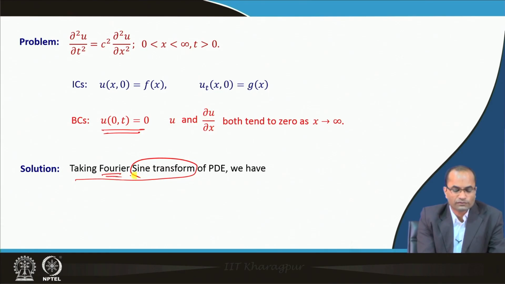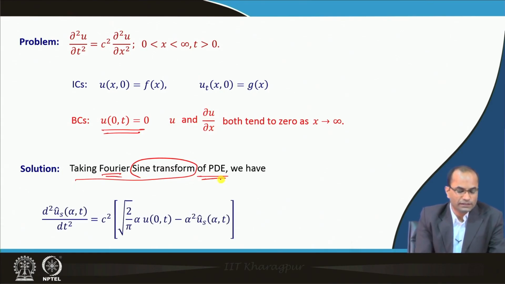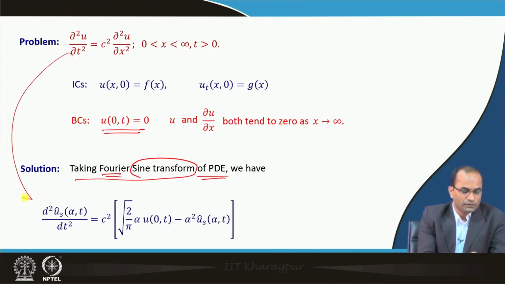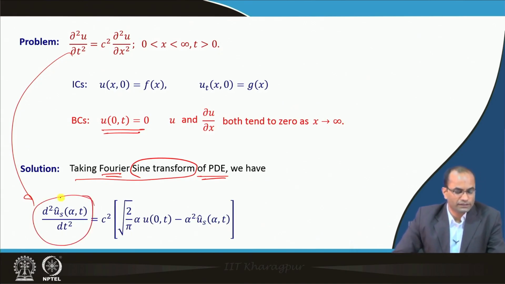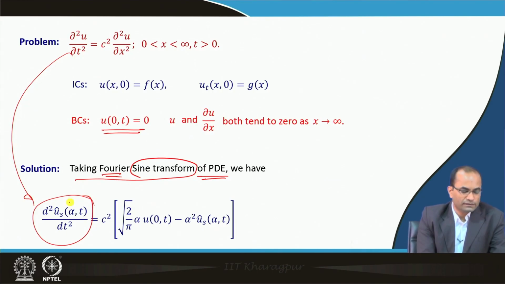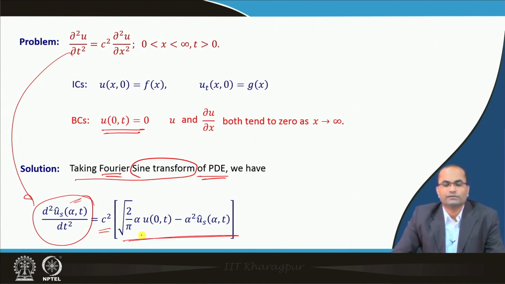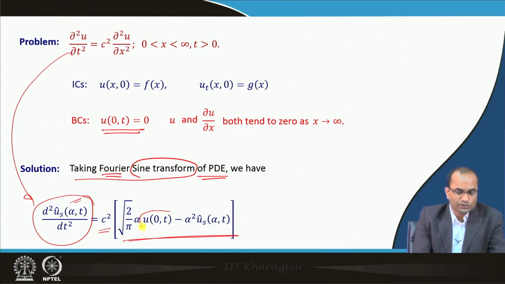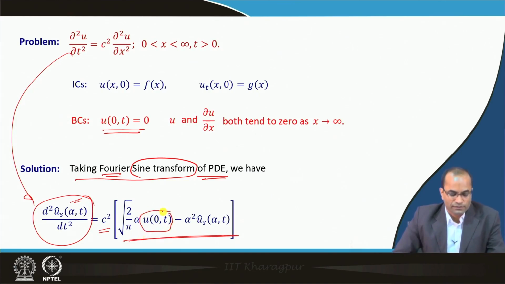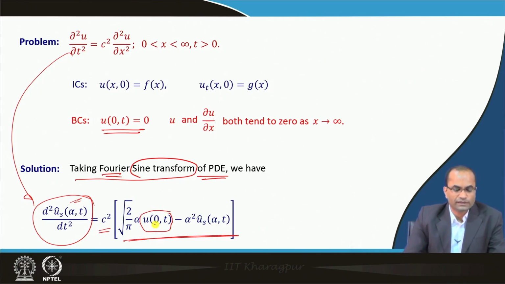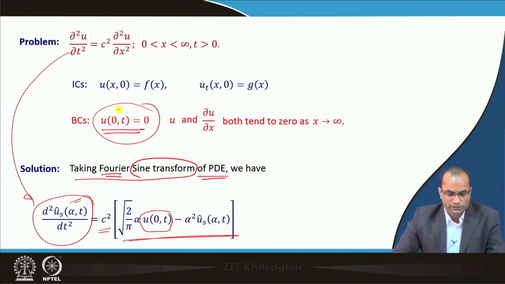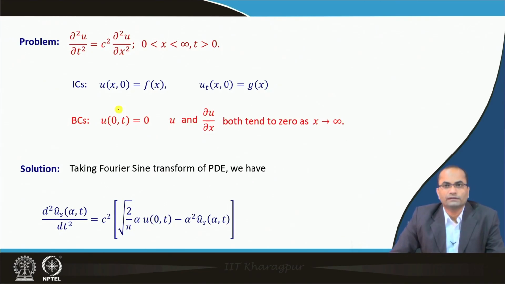So, taking the Fourier transform of this PDE, we have this second order term d2 over dt square of u s alpha t, and on the right hand side we have c square times the derivative theorem we have just written here. And as we can see, u 0 t is sitting here at this place, which we can substitute directly from the information provided with the problem.